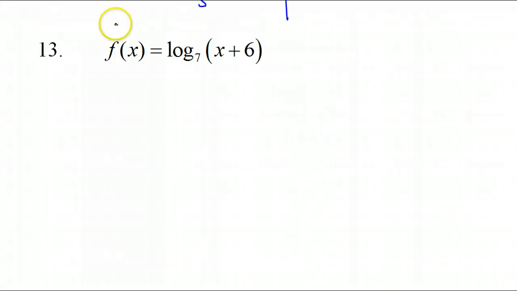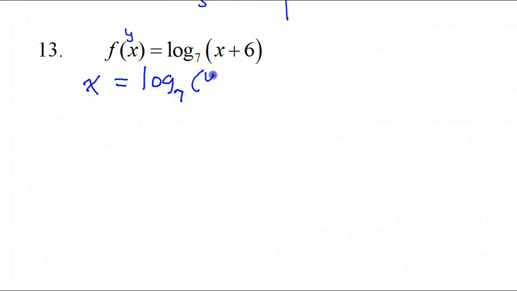Okay. So that's y. So switch x and y and then solve for y. So switching x and y, you get x equals log base 7 of y plus 6. Now this is already by itself without anything multiplying or adding on the end, so it's already time to switch to exponent form. Starting with the base of 7. So we will bring down that base of 7.